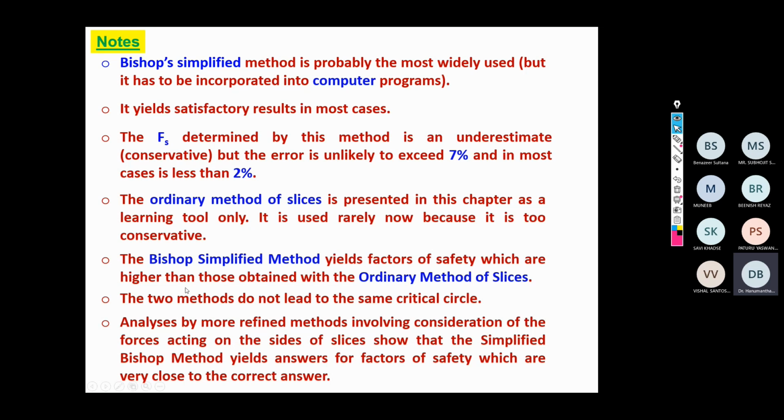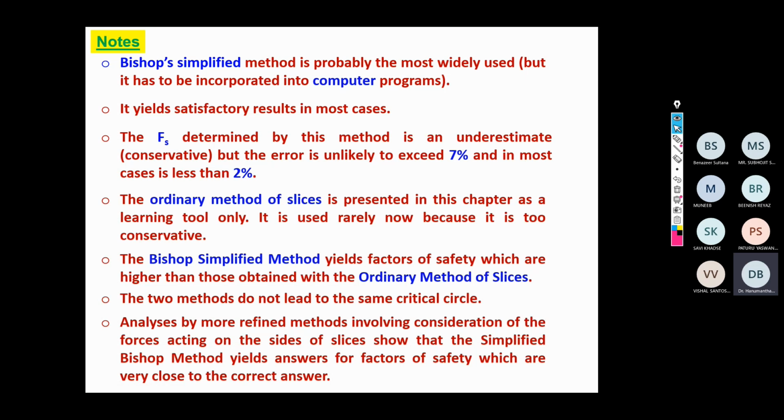Then the Bishop's simplified method yields factors of safety which are higher than those obtained with the ordinary method of the slices. So the two methods do not lead to the same critical circle. That is true because the ordinary method is based on moment equilibrium, while Bishop's method is based on both moment as well as force equilibrium.